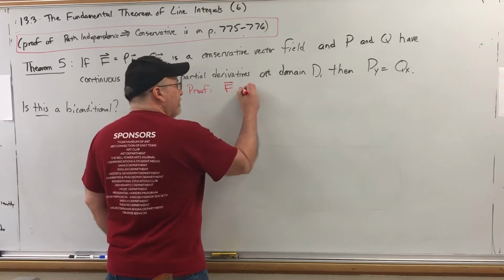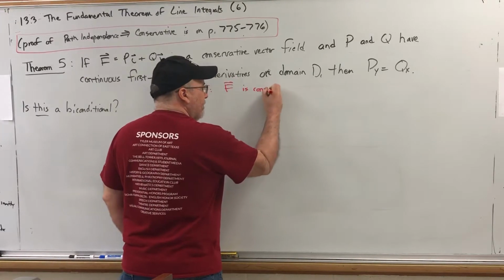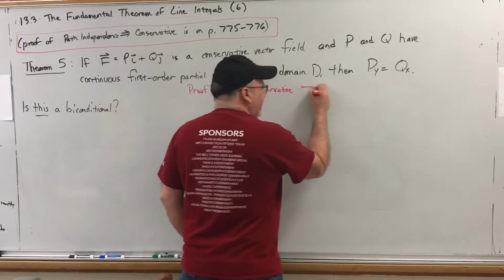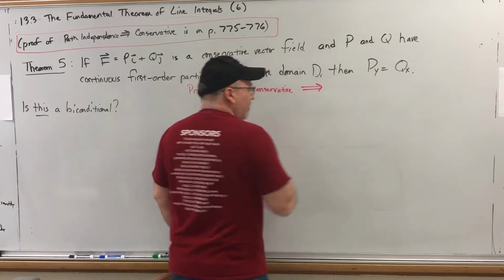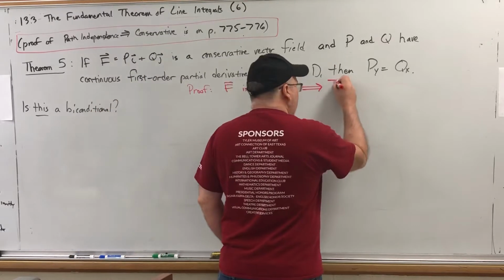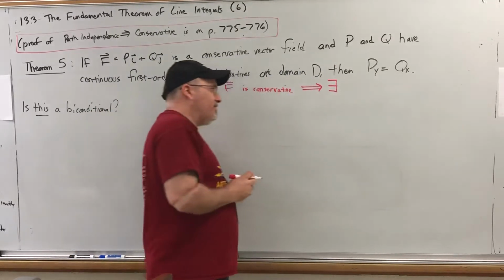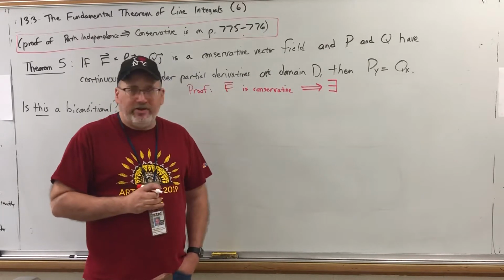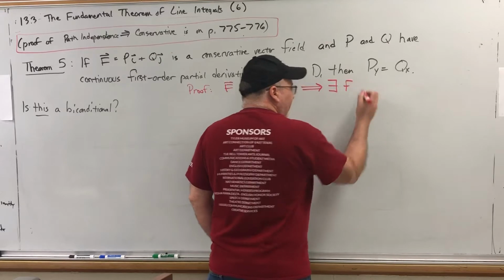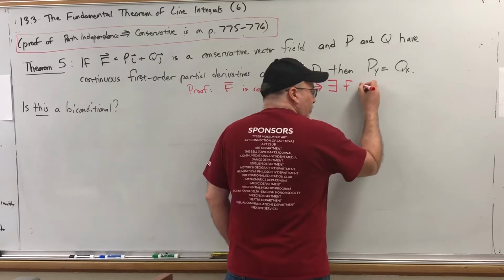F is conservative implies, and here's a symbol you may not have seen before. It's a backwards capital E. It is a symbol for the phrase there exists. There exists a function f. And here's another symbol you may not have seen before.